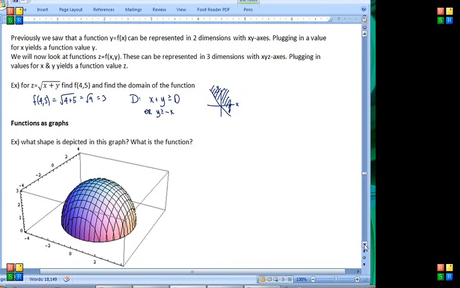Half a sphere. So, remember that a lot of the time you're going to have to change your terminology from the names of 2-dimensional shapes to the names of 3-dimensional shapes. So this is not part of a circle; it's part of a sphere. Okay. So it's the top part of a sphere. So what's the function?